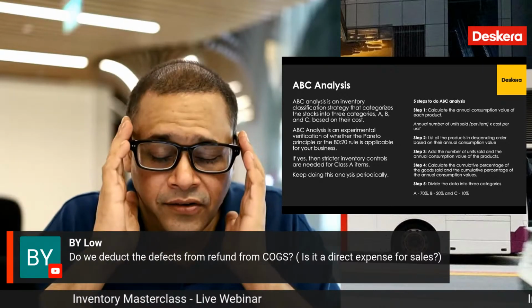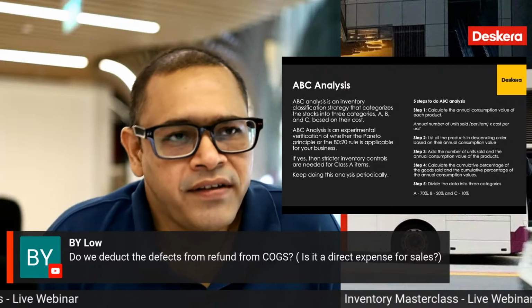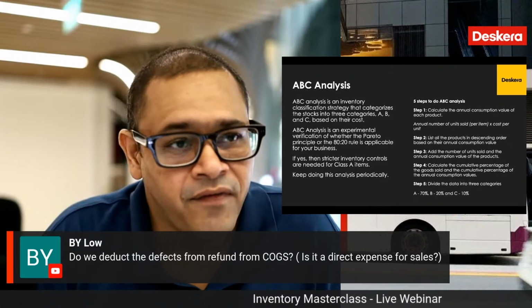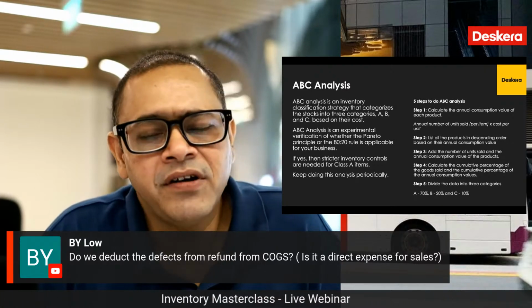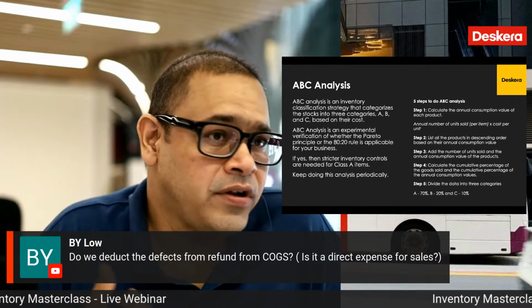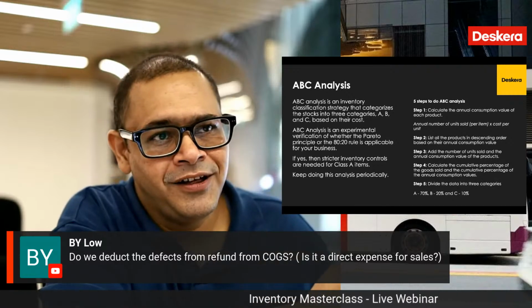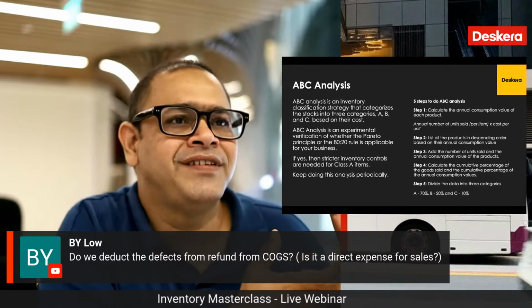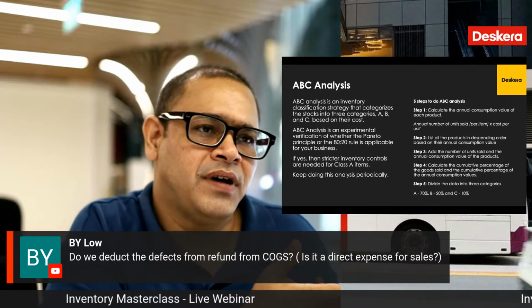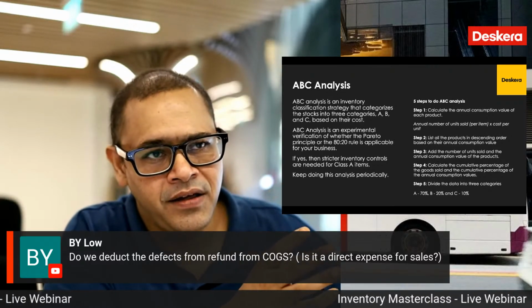Yeah, so I have not seen a lot of companies putting refunds under cost of sales. Why? Because refunds is something that is happening after sales. So while it is a cost to you, it is not a cost of sale. You have already made the sale. And refunds were not a part of the sale process, right? So you would typically not put it there, correct?